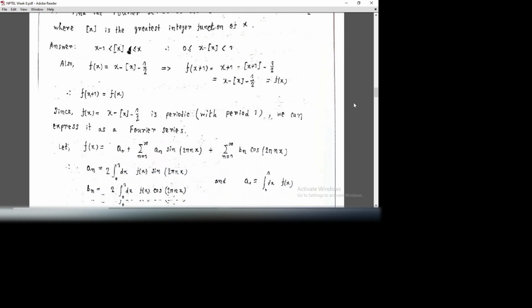What was x? x was this one. If you put x equal to 1 by 4 here, that means 1 by 4 minus 0 minus half. That means the value is minus 1 by 4. Okay, so f at x equal to 1 by 4 is minus 1 by 4.